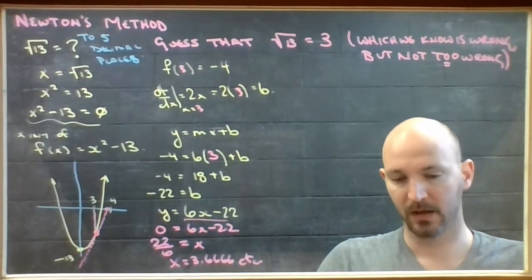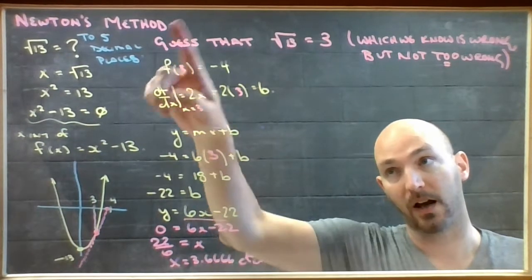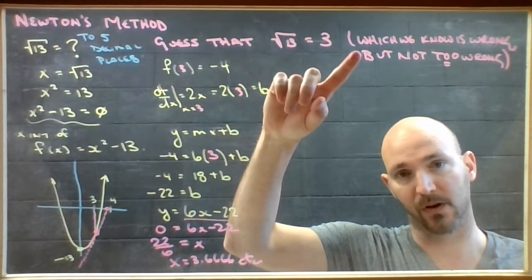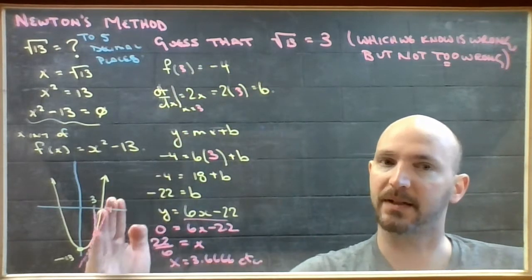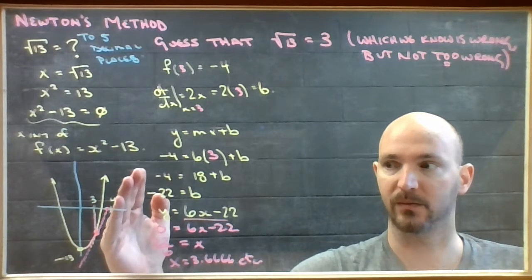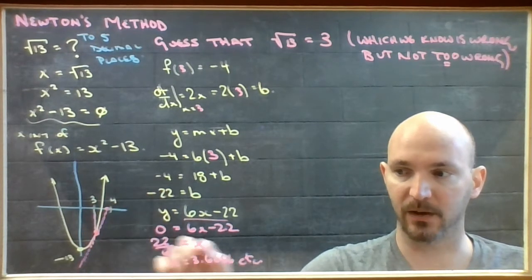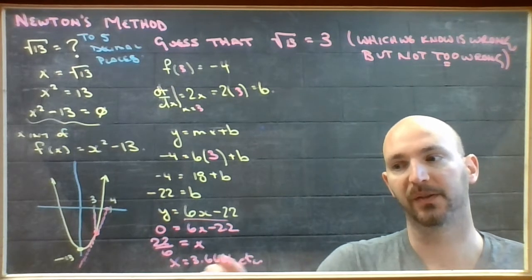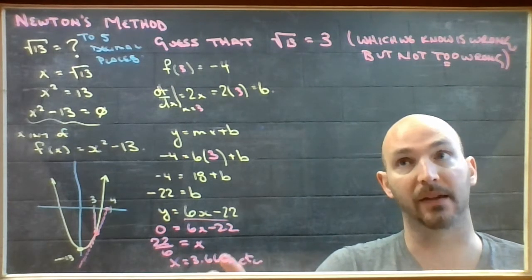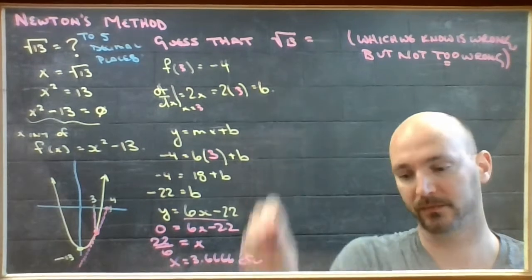Okay, so I guessed 3, which I knew was wrong. I found a tangent at that place and rode that tangent back to the x-axis. And the place that I got there was a little better guess for what the square root of 13 was.